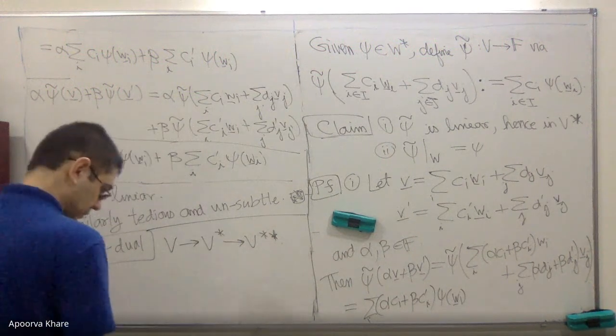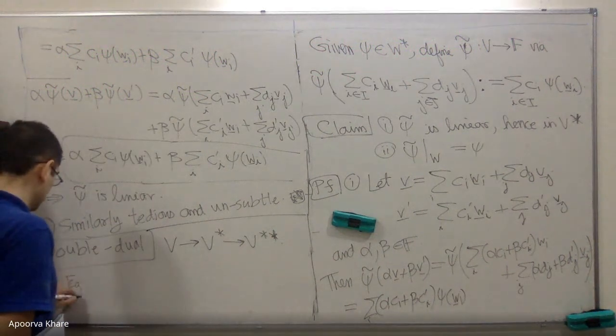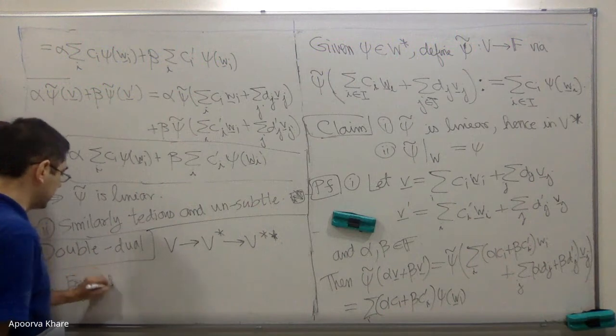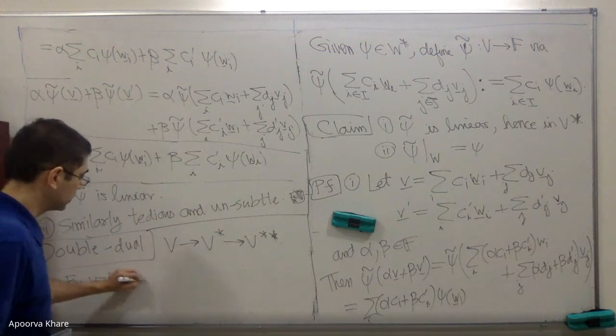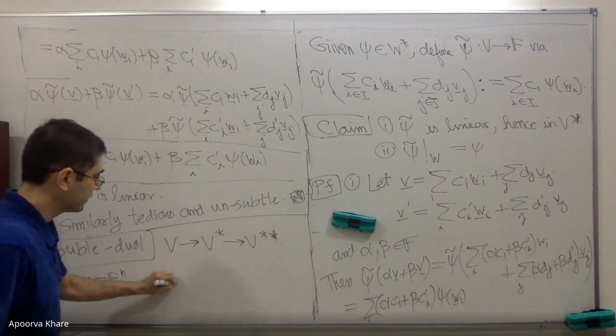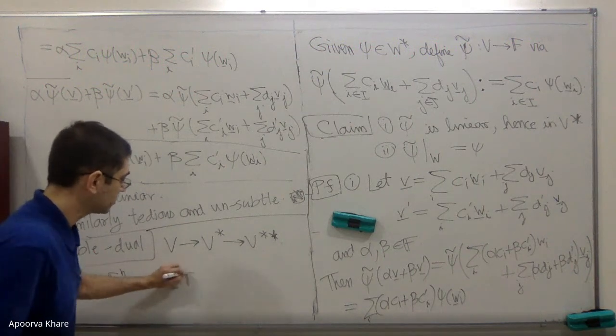So, for example, if V was F^n, then we know that V star is F^n star, which is isomorphic to F^n transpose.